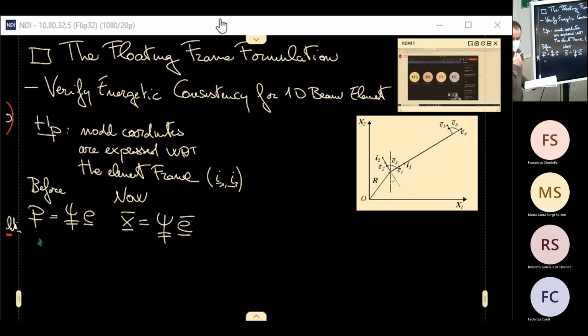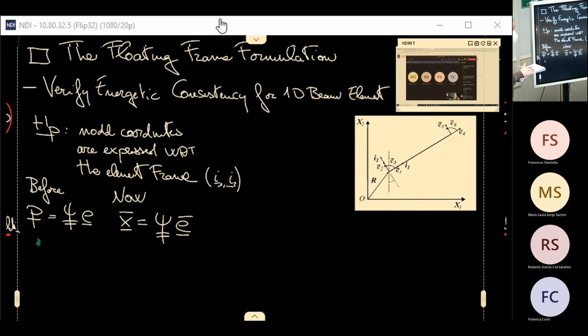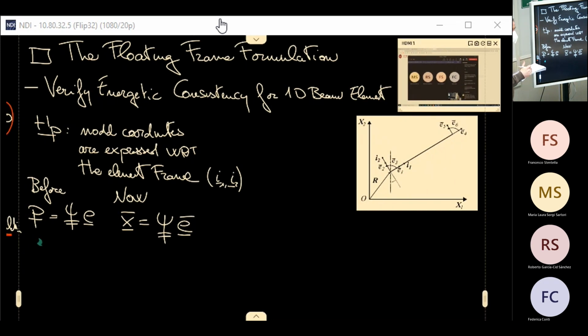So in this case, first we have to derive our psi, because before we already knew the shape matrix for the 1D beam element, but now we are actually changing formulation. Okay, so we go again with a polynomial expansion.